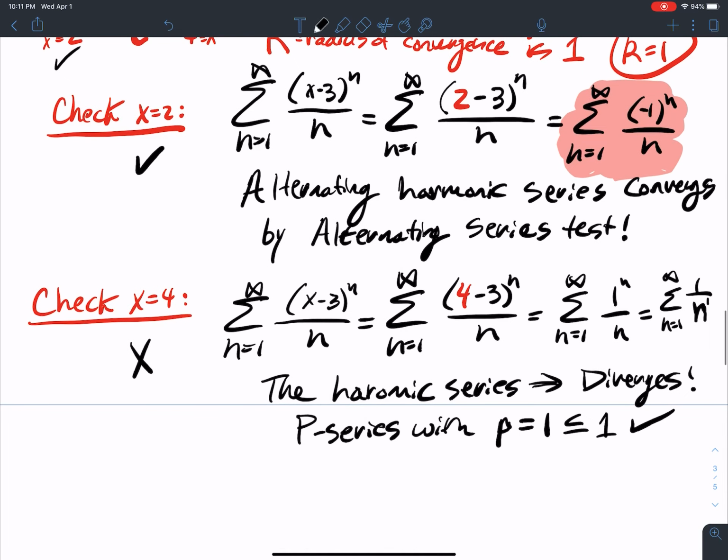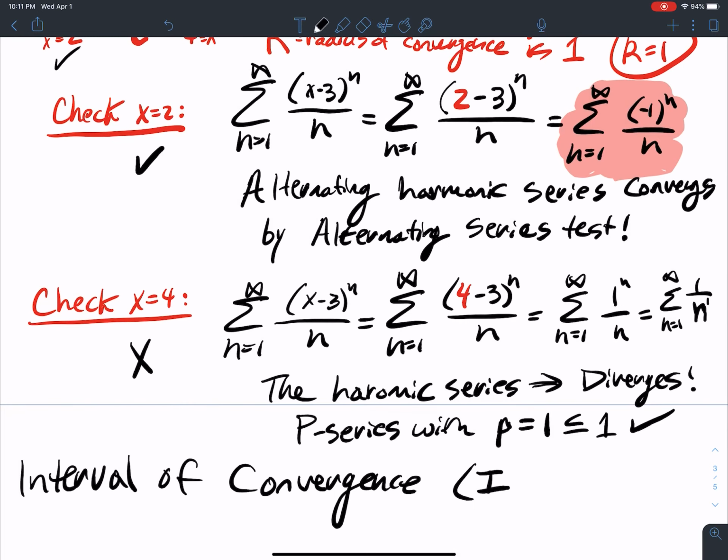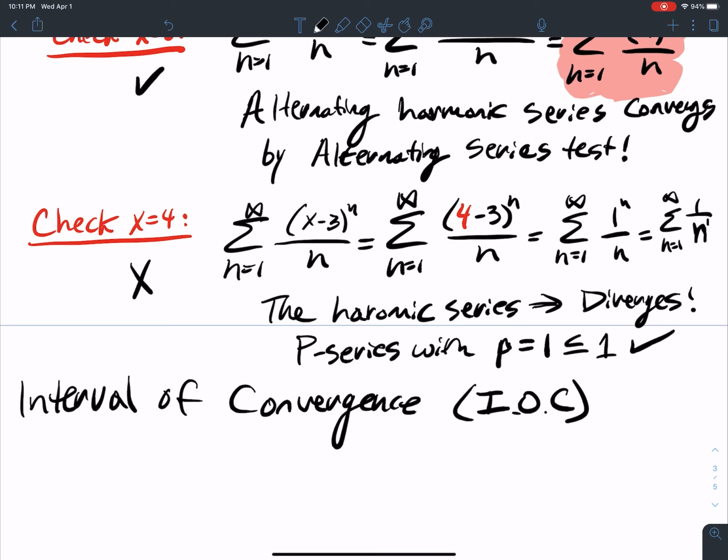So the question is, what's the interval of convergence? The interval of convergence, you can abbreviate IOC, not AOC. The interval of convergence is the interval from 2 closed inclusive to 4 open parentheses.